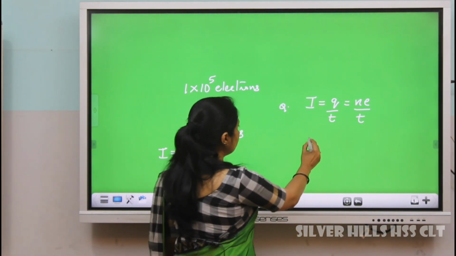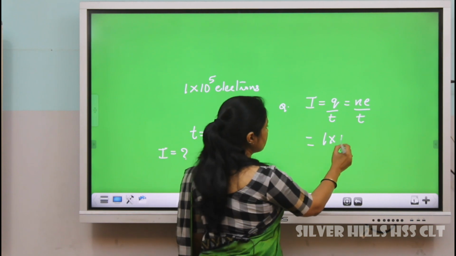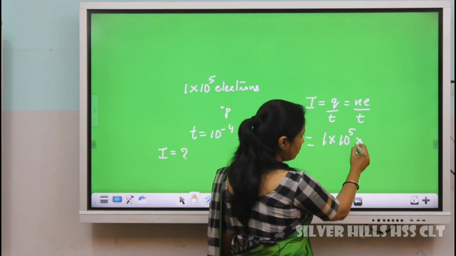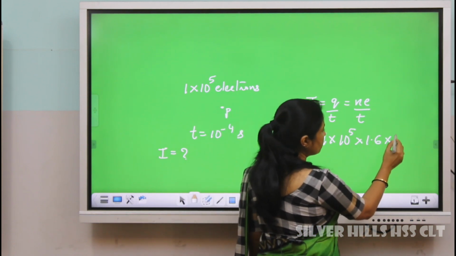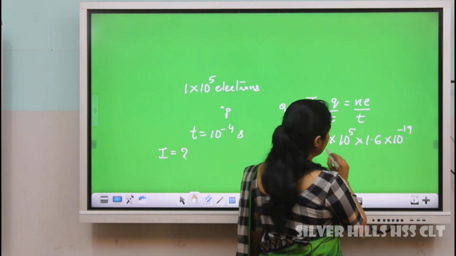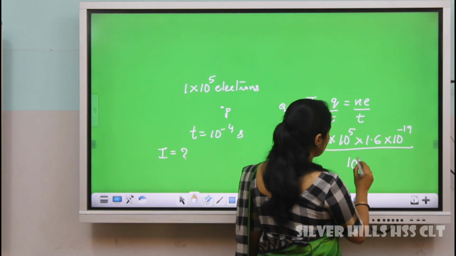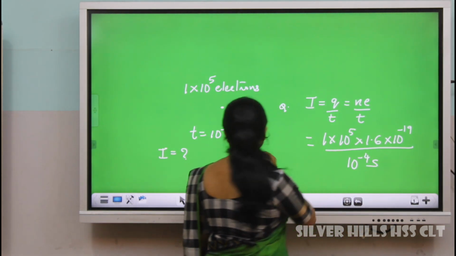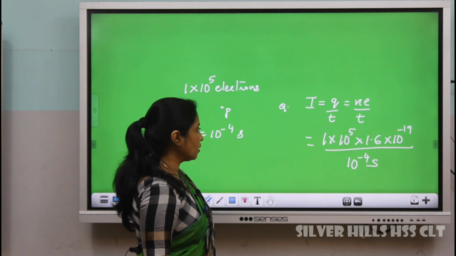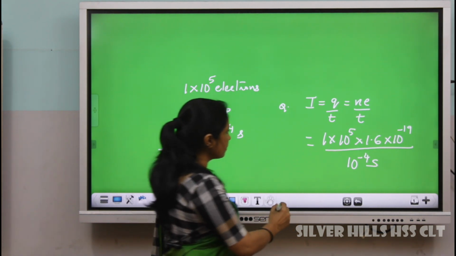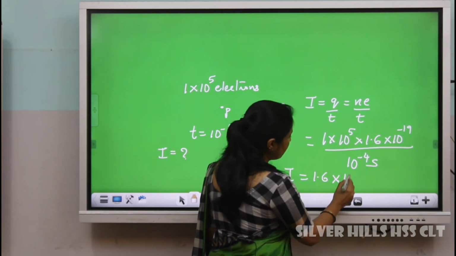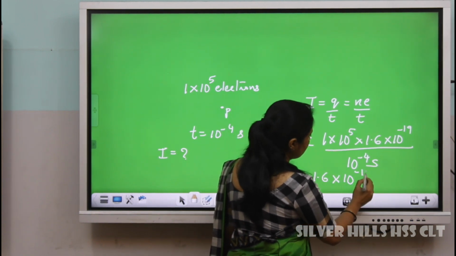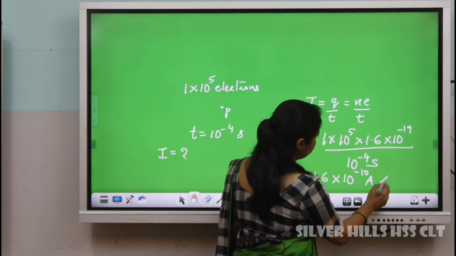Here N is given to be 1 into 10 raised to 5, into the basic electronic charge 1.6 into 10 raised to minus 19, divided by 10 raised to minus 4 seconds, which is the time here. And you will get the answer as I is equal to 1.6 into 10 raised to minus 10 ampere.